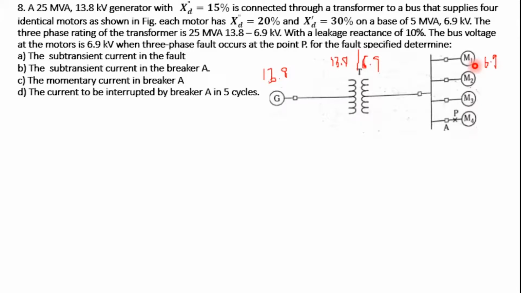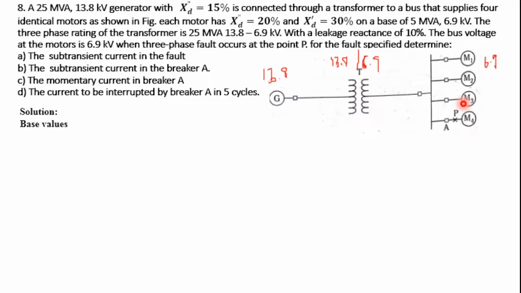Here you have to observe that both subtransient and transient reactances are given. So it is mandatory to identify the subtransient and transient values of the generator, transformer, transmission line and motor. This is very important.